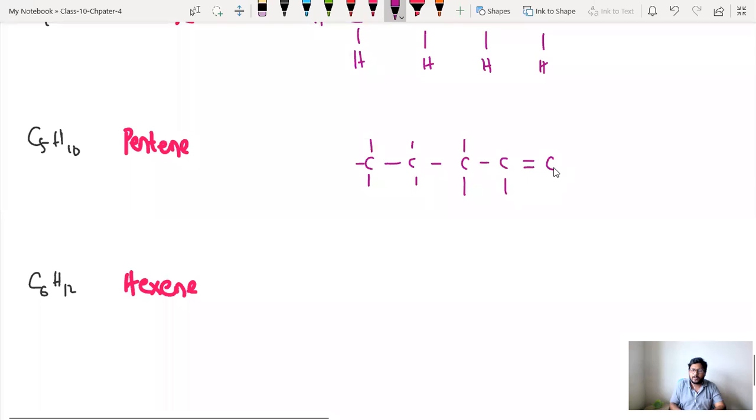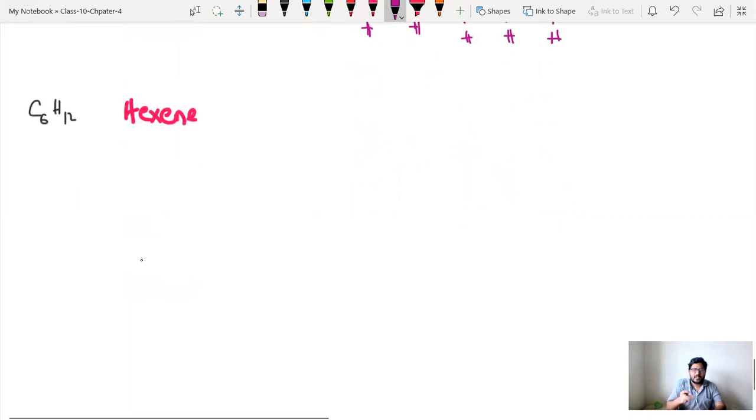The last carbon, 2 already represented, 3, 4. If you go with hydrogens, 1, 2, 3, 4, 5, 6, 7, 8, 9, 10. So 10 hydrogens, 5 carbons. Now try this for hexene.